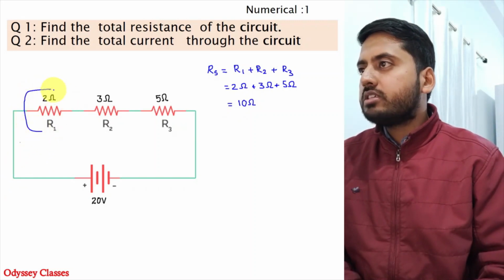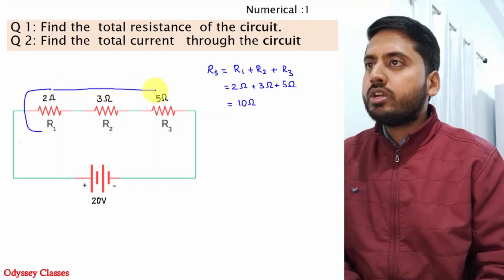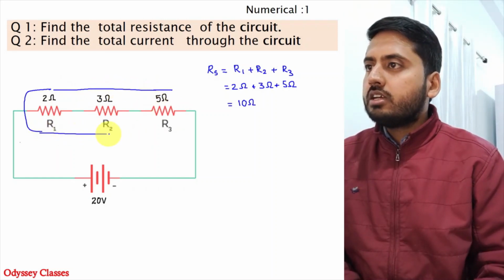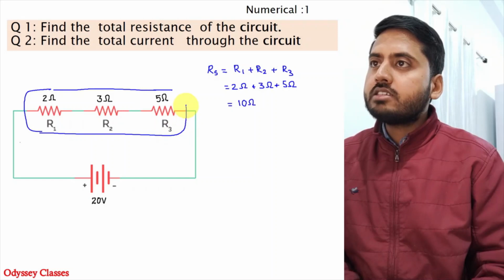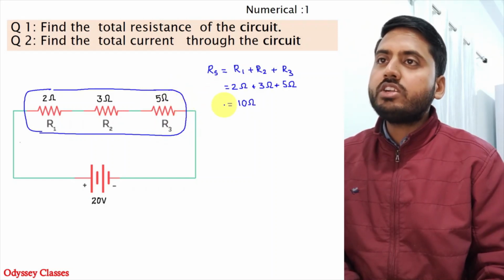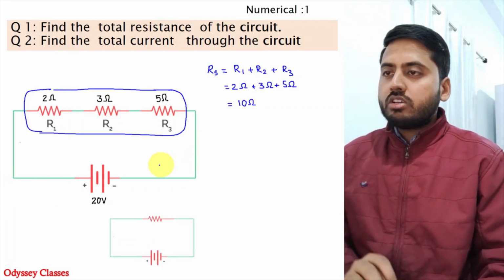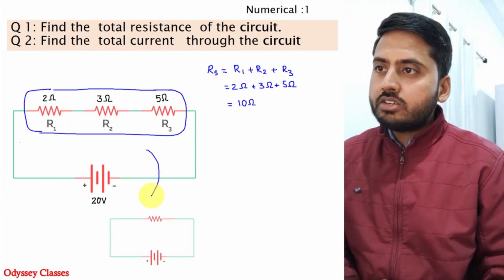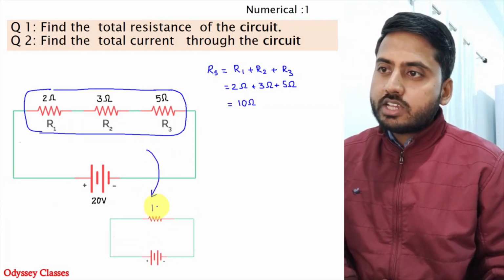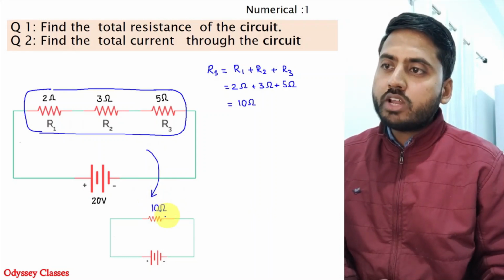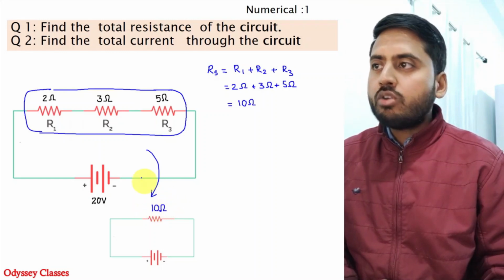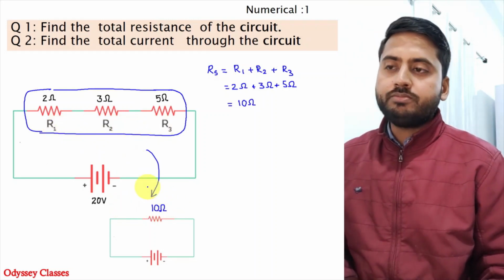These three resistors R1, R2 and R3 can be visualized as a single resistor of 10 ohm. So we can think of this as a new circuit where we have only a single resistor, that is 10 ohm. This is called the equivalent resistance, equivalent of R1, R2 and R3.